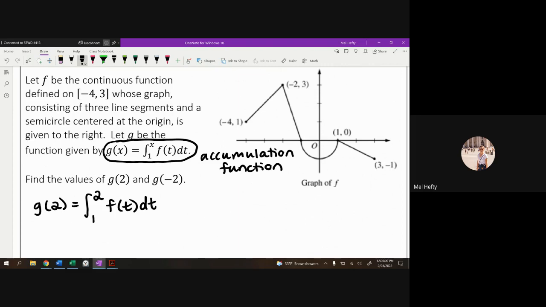I'm still going to look at my picture and try to find the area from 1 to 2. So here's 1, here's 2. I can draw any vertical lines I want to kind of cut off my areas. I should not be adding any more horizontal lines in. So what shape do you think I'm going to be finding? A triangle. Perfect.